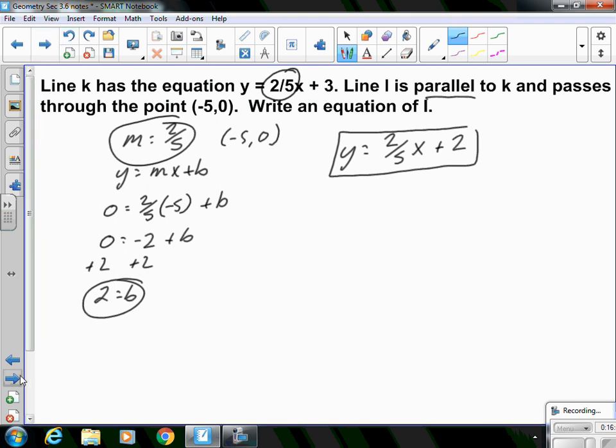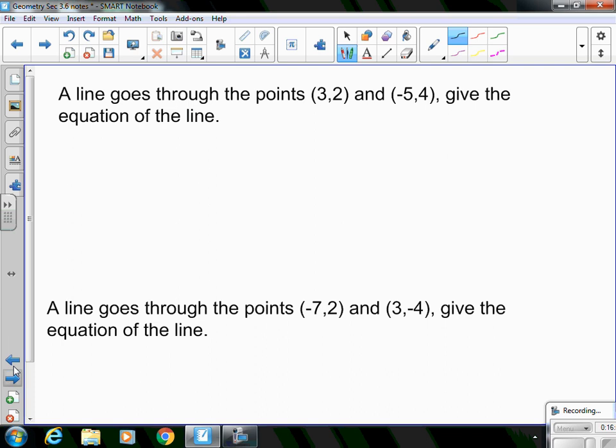All right. Next one, a line goes through the points (3, 2) and (-5, 4). Give the equation of the line. Okay, so in this one, we don't have a y-intercept given to us, and we don't have the slope. So we do have 2 points though, so we can figure out the slope.